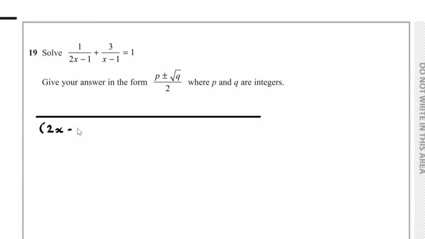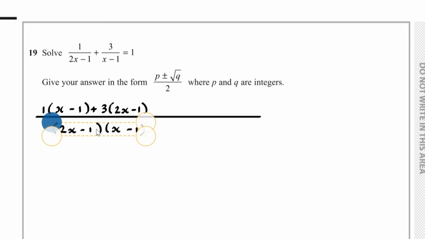The common denominator will be 2x minus 1 multiplied by x minus 1. So we have 1 multiplied by x minus 1 plus 3 multiplied by 2x minus 1. And this is equal to 1.